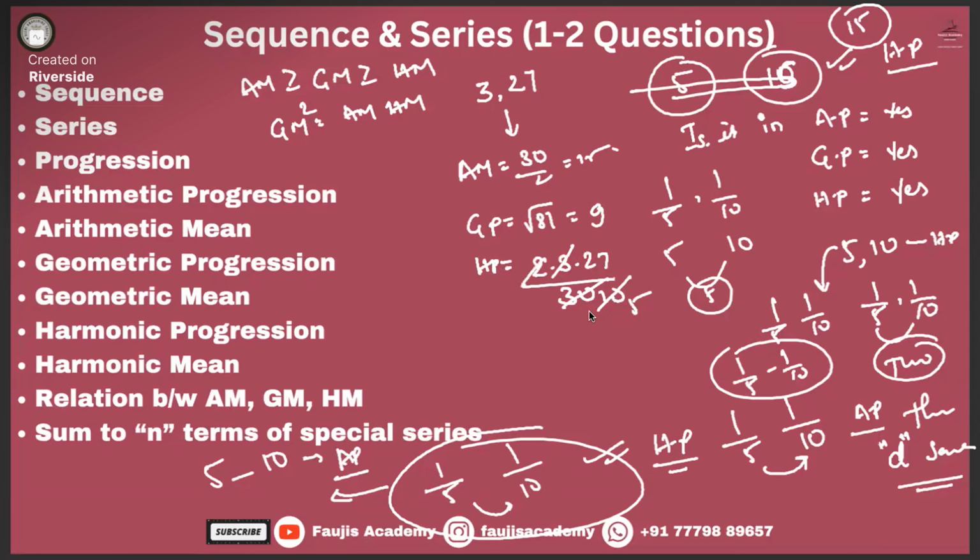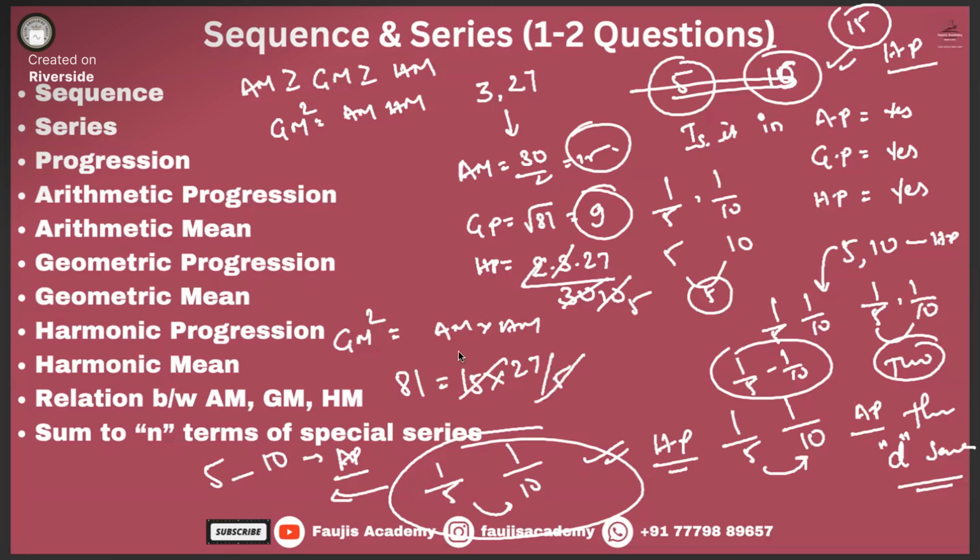And what we studied, GM square is equal to AM into HM. GM square, that means 81, is equal to how much? 15 into 27 by 5.